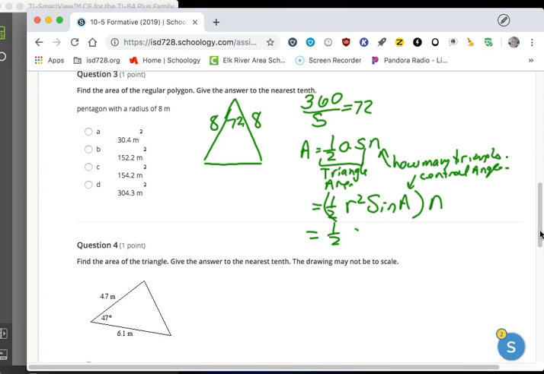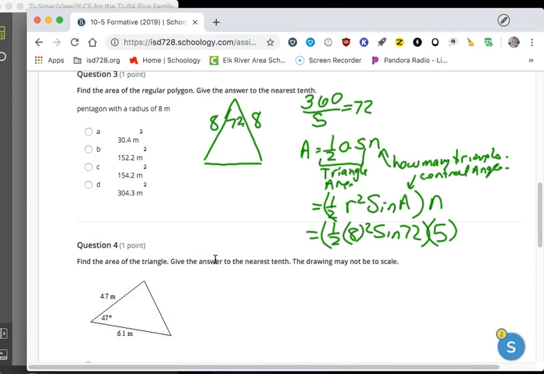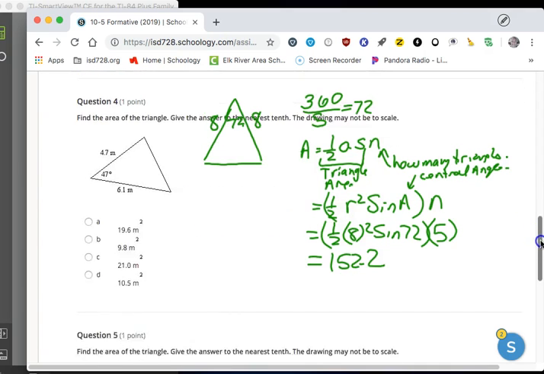We can just do this by 8 squared sine of 72 times 5, because there's 5 of them. 0.5 times 64 sine of 72, close my parenthesis, and that's one triangle times 5 of those triangles. And I get 152.2, and it's 152.2 meters squared. So going on to my next one.